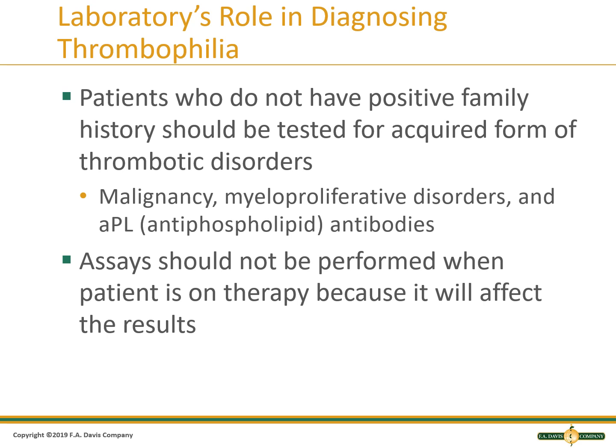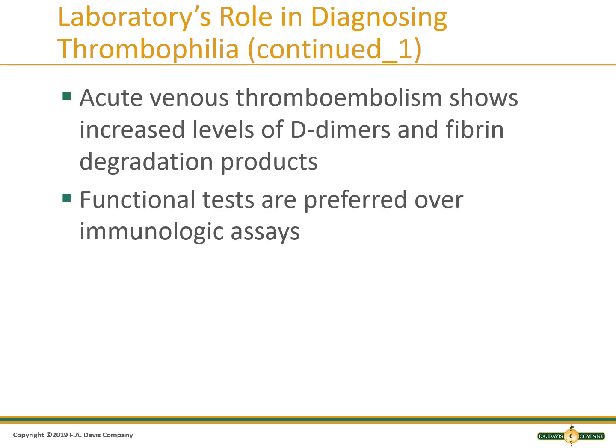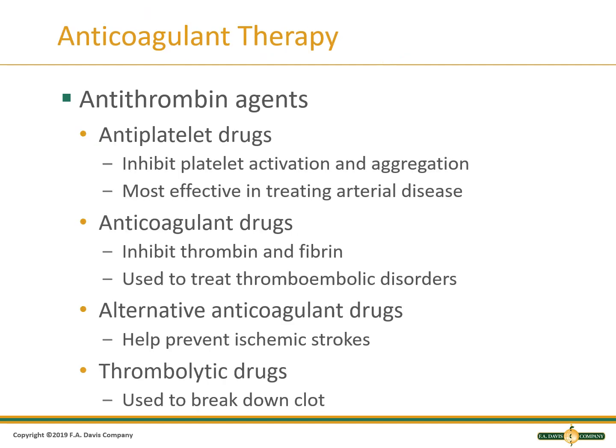So the medication would need to be withheld during the time that the testing will occur. Acute venous thromboembolism shows an increased level of D-dimers and fibrin degradation products, and functional tests are preferred over immunological assays as a diagnostic tool.